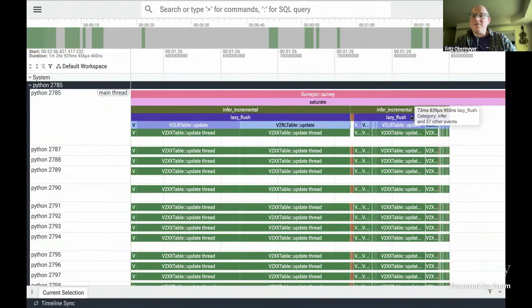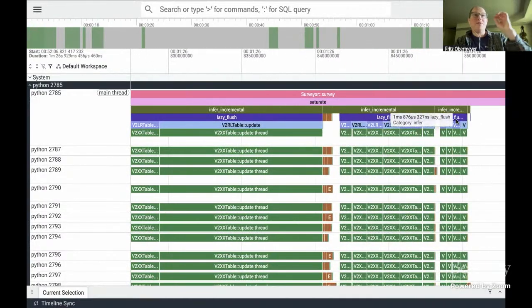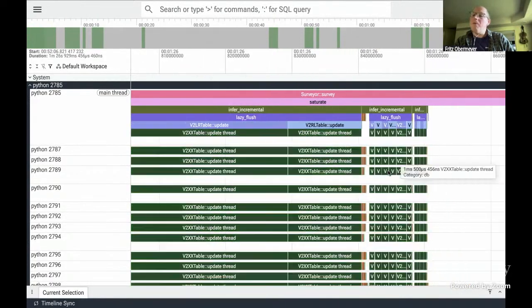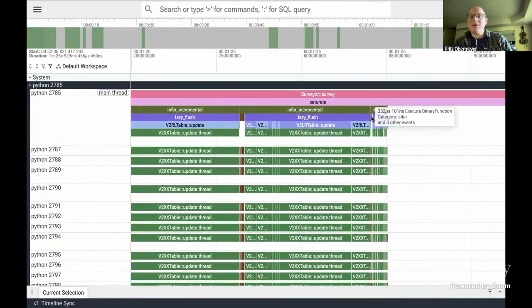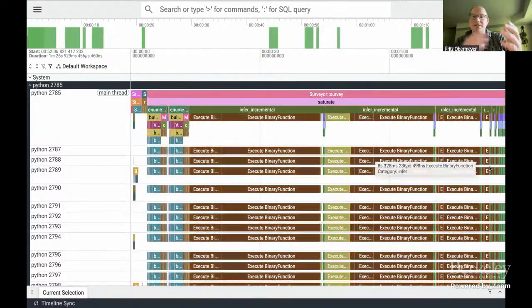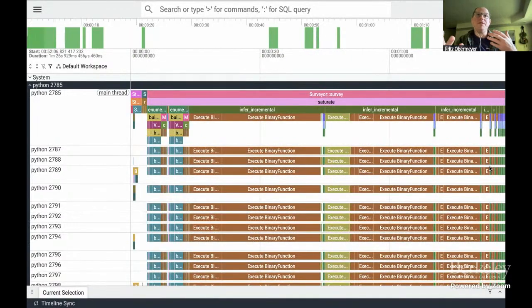Like here's one that's 73 milliseconds and 6 milliseconds, and they just get cheaper and cheaper. Even though it's scanning through all that memory, there's not much to do, so it ends up being pretty cheap. By this point, it still dominates the execution work, but I'm pretty happy with the balance of index building and the read heavy execution work here.